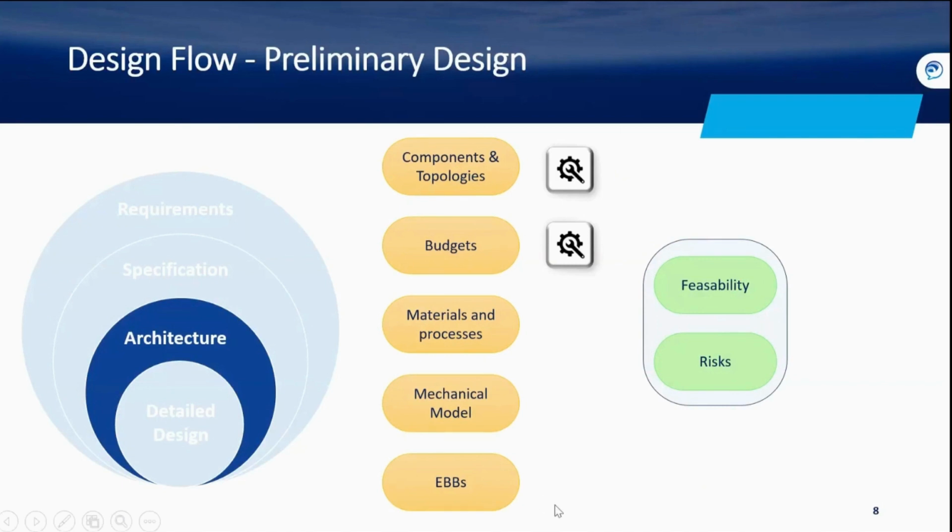So we should get preliminary budgets as an output. Also, we should define materials and processes. We will develop a preliminary mechanical model, and also sometimes we develop what we call the EVBs or breadboards, which are basically prototypes. I will talk about them a bit later.